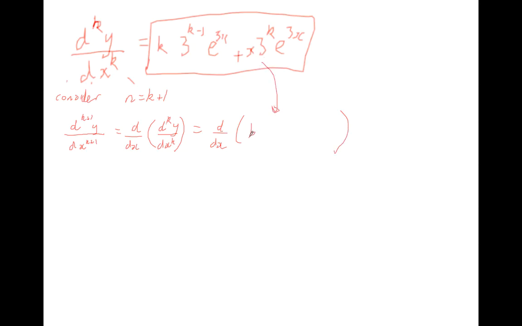So I'm going to write it out: k e to the k minus 1, 3 to the x plus 3 to the k e to the 3x times by x. And a little mistake there, that's 3 there.